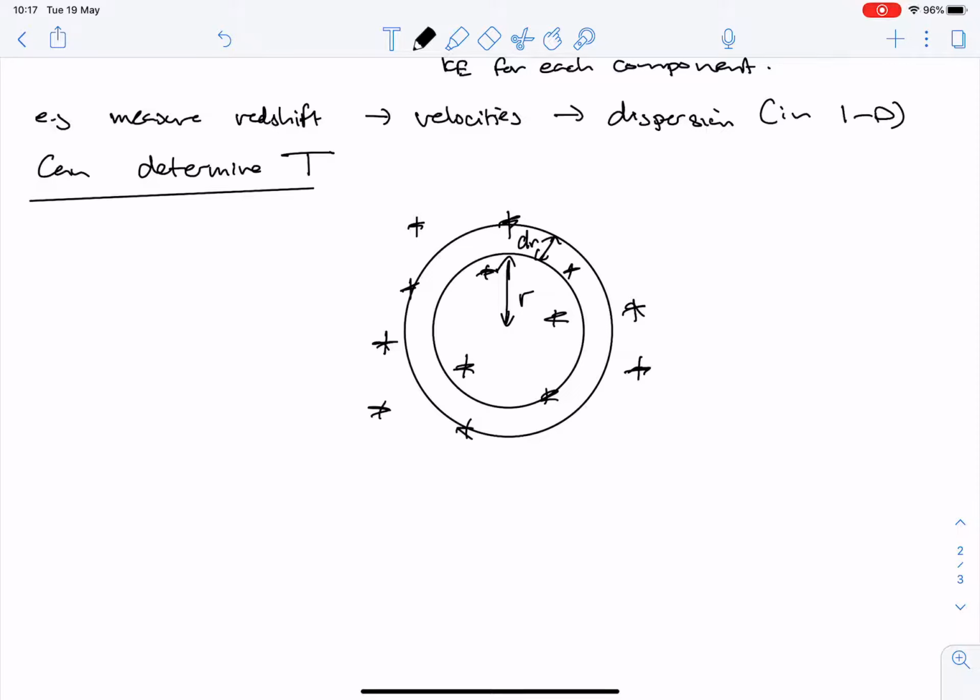So I can say, this is dV, which is equal to minus G M(<r), the enclosed mass, over r, times then the mass in the shell. And the mass in the shell is 4 pi r squared rho dr.